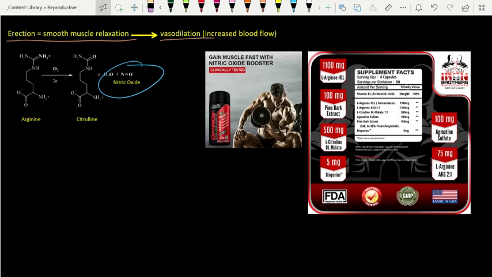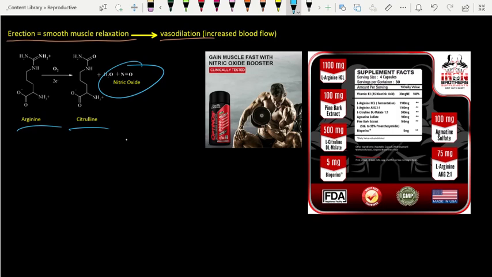For example, in exercise, a key part of lifting weights, of trying to bulk up, is taking a pre-workout. They come in lots of different types. I'm not advocating anything here. But if we look at the ingredients, what we're really looking for are these amino acids, arginine and citrulline, because this is the process by which nitric oxide is generated.